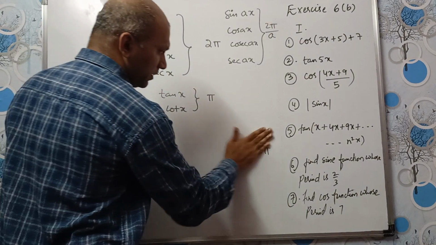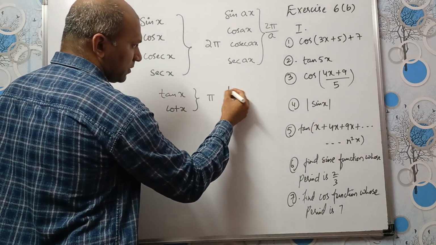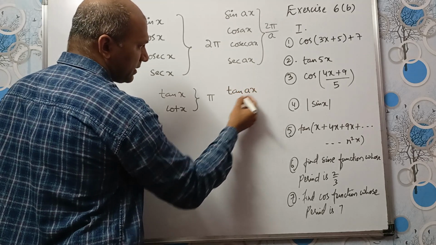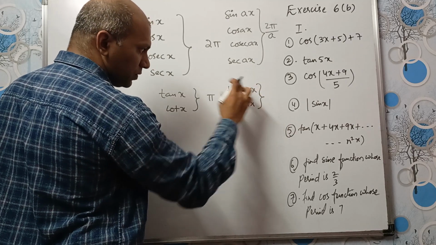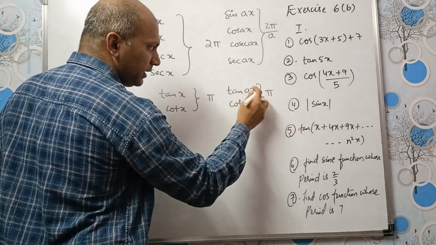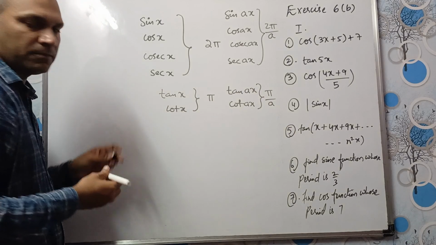You can take that as a formula. And if we have tan ax or cot ax, the period of these two trigonometric functions will be pi divided by this a, general period divided by a.